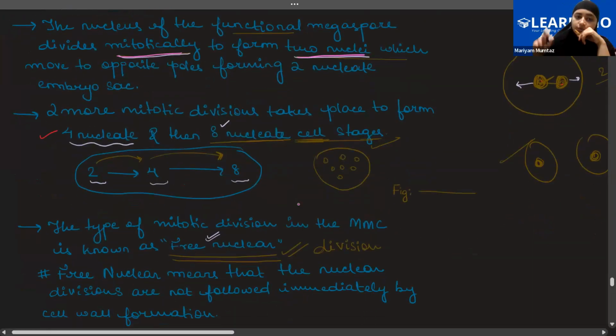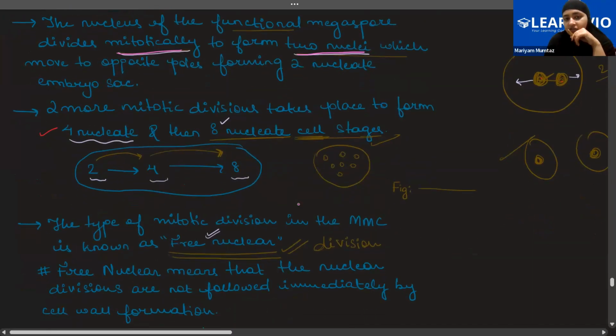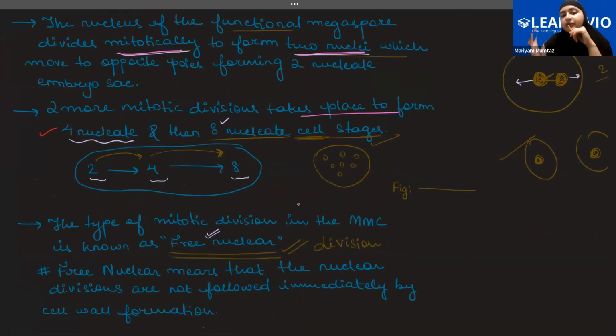Then later on, 2 more mitotic divisions take place to form the 4 nucleate and then 8 nucleate stage. So 2, 4, 8 after successive mitosis. At the end, we have the 8 nucleate stage, meaning 8 nuclei are present in one cell. Clear?